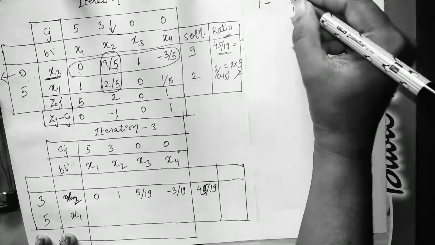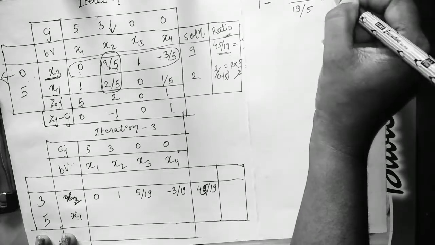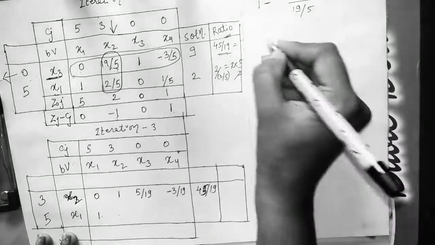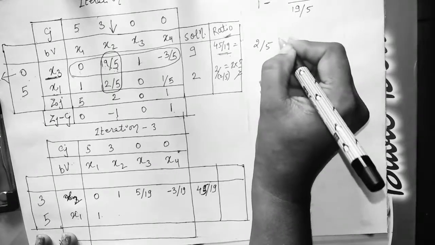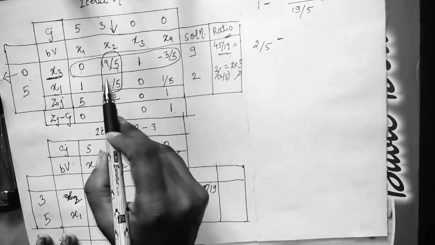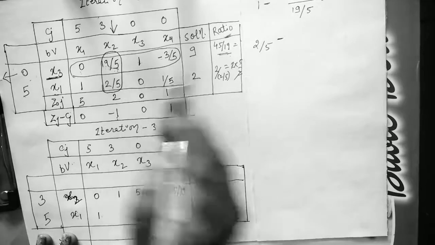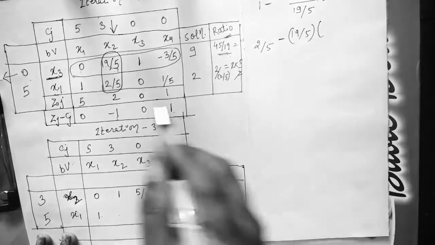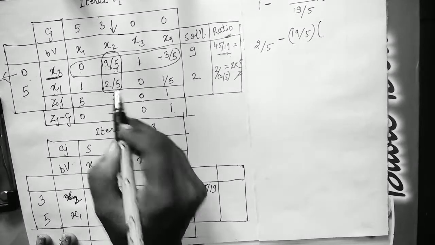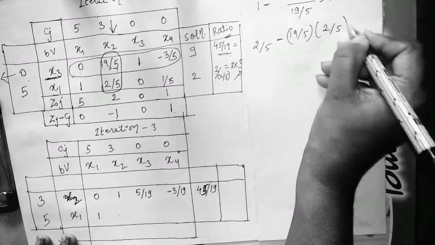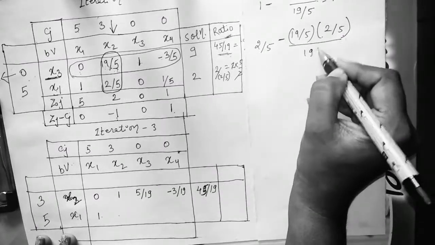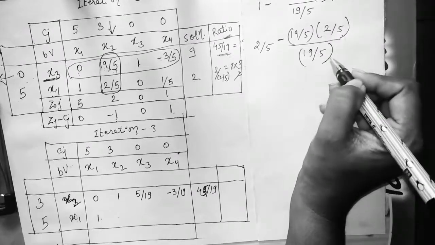Multiplying by 0, the whole term will be 0, so this is equal to 1. So here we will write 1. Now this old value is 2 upon 5 minus corresponding key row element 19 upon 5 into corresponding key column element 2 upon 5, upon the key element 19 upon 5.